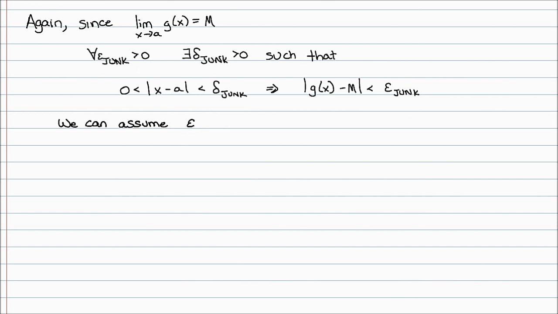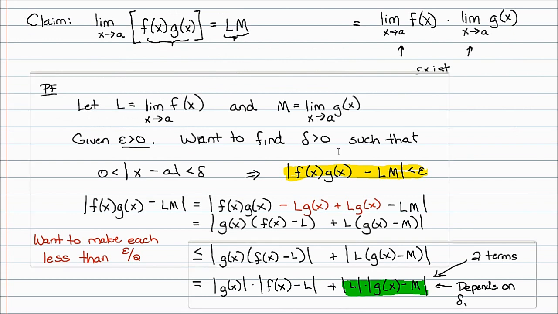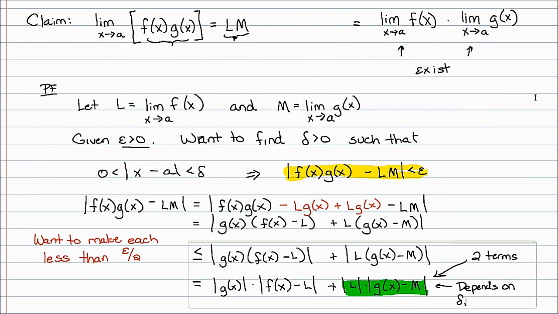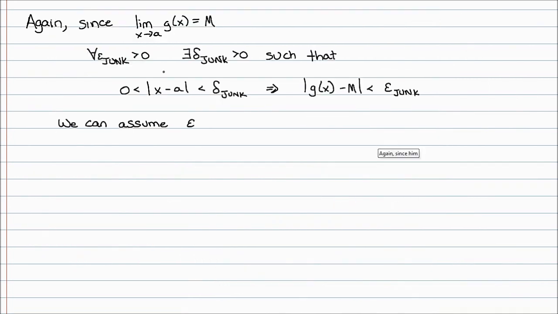So way back in this claim here, I can easily assume that that epsilon right there is less than 1. Nobody's going to come in and give me a huge epsilon neighborhood. It would be too easy for me to prove that using the epsilon delta proof. So we can assume that epsilon is less than 1.